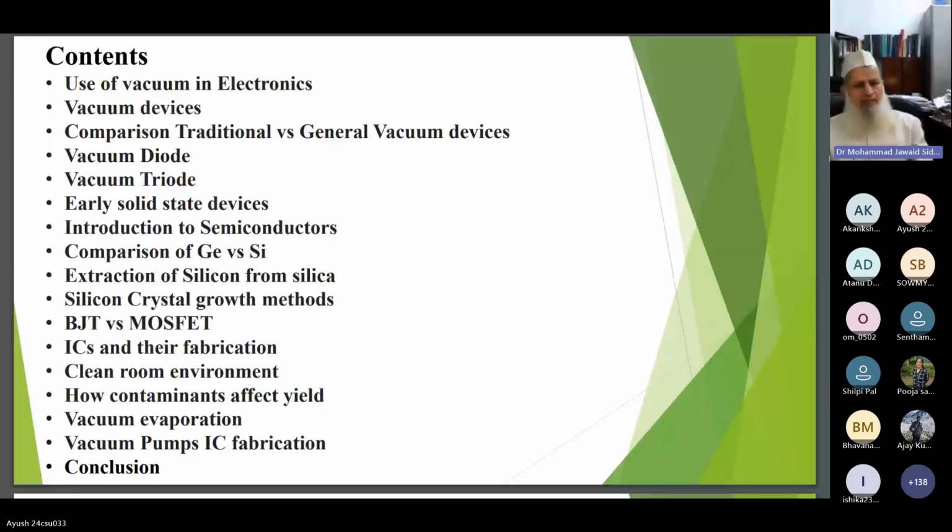Then the important electronic devices, the BJT and MOSFET, and then integrated circuits and their fabrication, the importance of the clean room environment, and how contaminants affect the yield. Then we will discuss vacuum evaporation, the use of vacuum pumps in integrated circuit fabrication, and lastly the conclusion.